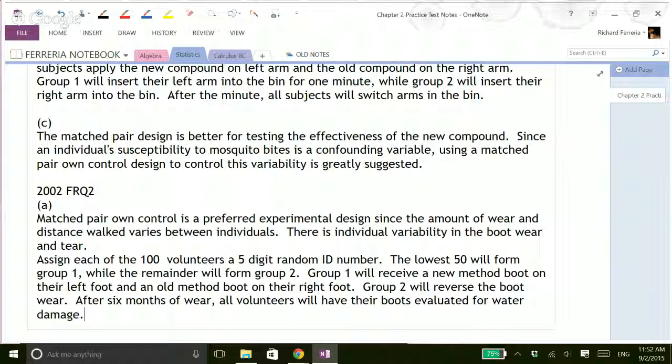Like in this case, if somebody walked on carpet more frequently than they walked on hardwood, it might affect how the boots work. Whereas if someone weighs 500 pounds versus somebody who weighs 50 pounds, that would be a confounder. But an extraneous variable can still confound the experiment. Right, all confounding variables are extraneous variables, but not all extraneous variables are confounding. Confounding variables actually affect the results. Okay, that makes sense.